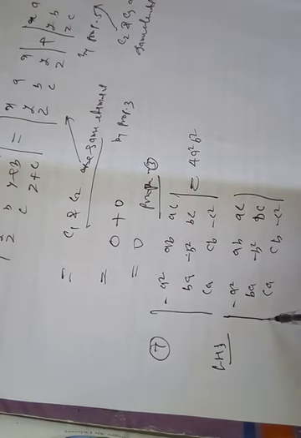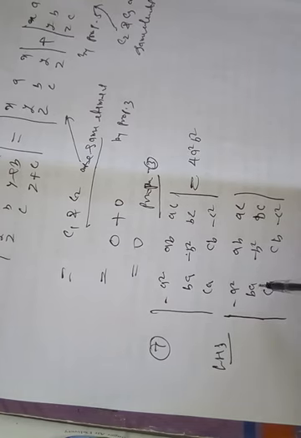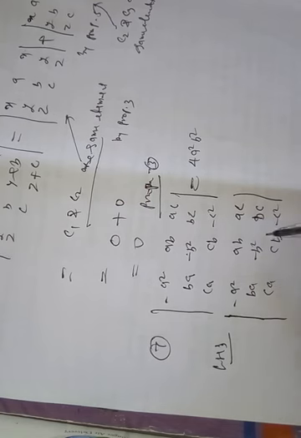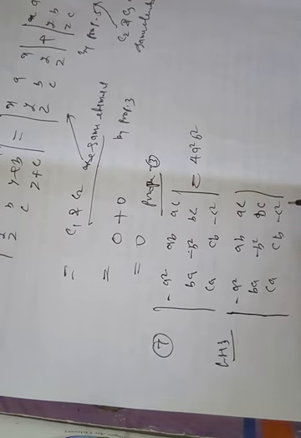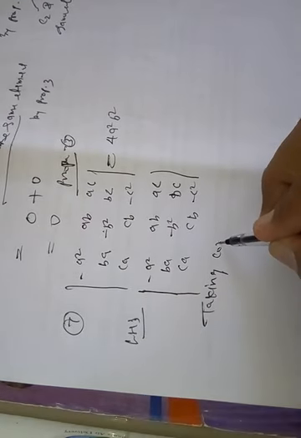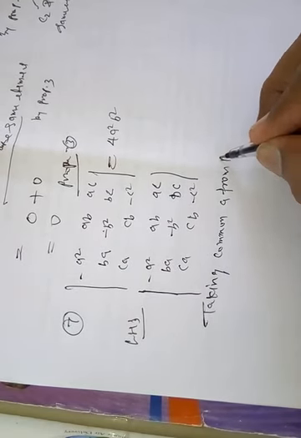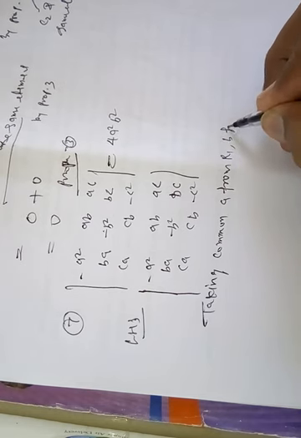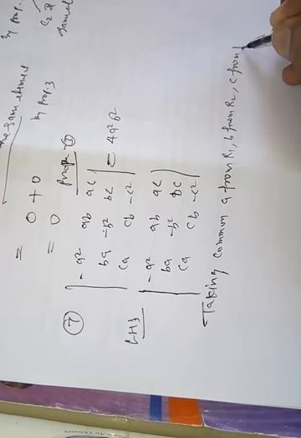Taking a common from r1, b from r2 and c from r3.